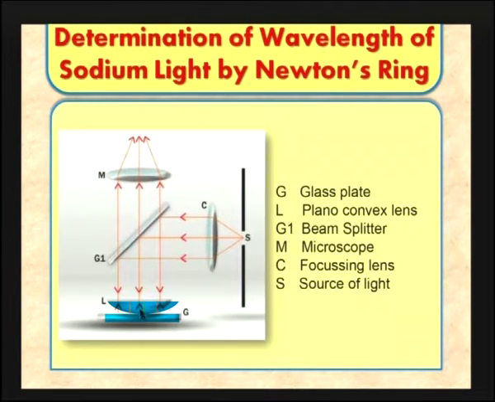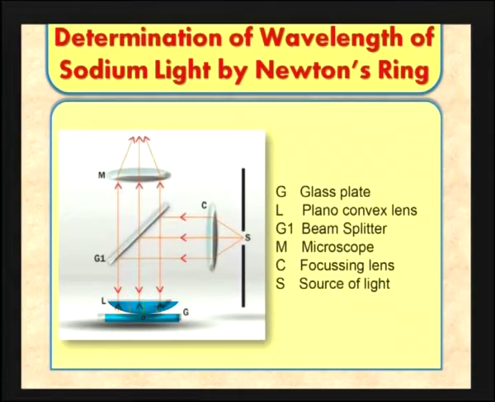Here it is 0, because the plano convex lens touches the plane glass plate, so there is no air gap. But notice that the thickness of the air film keeps on increasing, and we are now concerned about whether, at this thickness, you are going to have constructive or destructive interference.